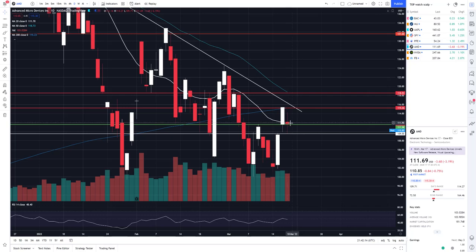So basically tomorrow, if we would get a gap above the close, so anything above 116.70, let's say around here, you would look for a dip into your level, so 112-ish, 111.70, and buy calls at that point, targeting let's say 114, 115.